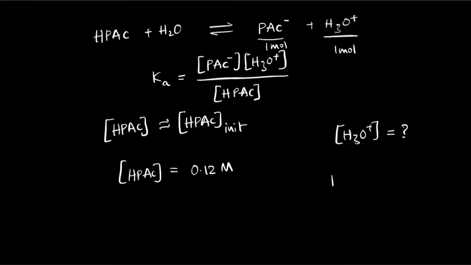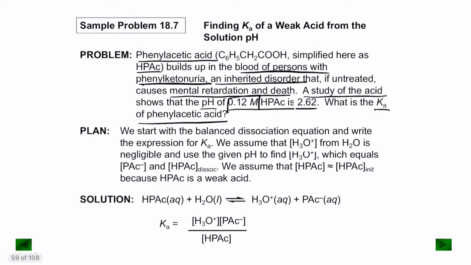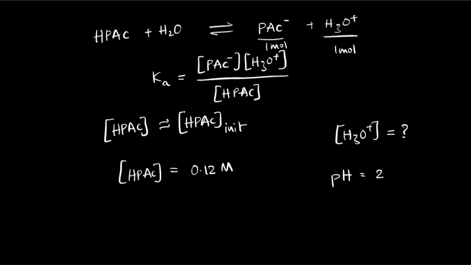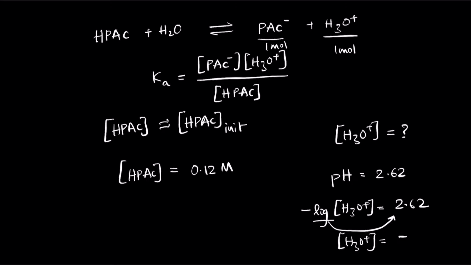So now the given value for pH is 2.62. So we know the pH formula is negative log of H3O plus equals 2.62. So how would you calculate H3O plus here? So H3O plus becomes negative, so the minus sign goes here. When the log goes to that side, it becomes 10 to the power, so this becomes 10 to the power of negative 2.62.